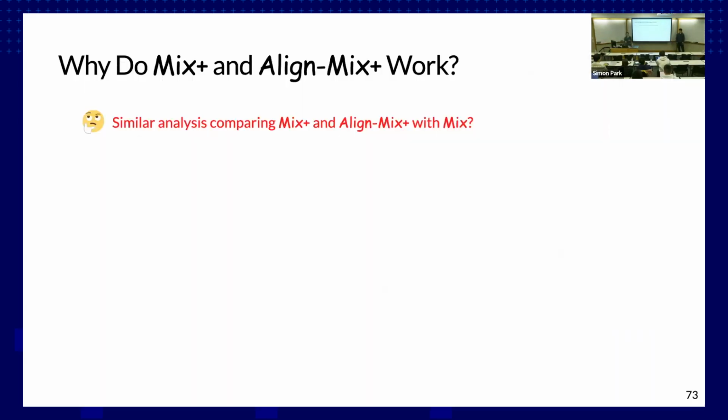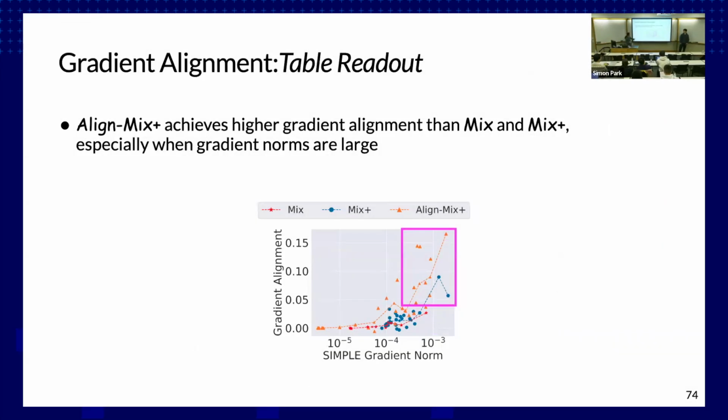Similarly, we performed the analysis on the mixed plus as well as the two-phase training. And we observed a similar phenomenon: the two-phase training actually achieves higher gradient alignment scores, especially when the gradient norms are large.